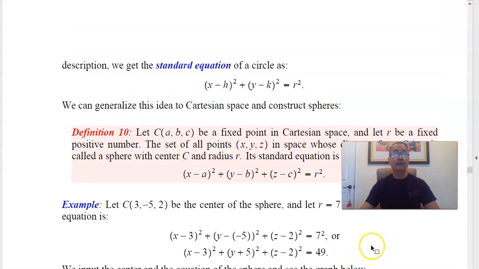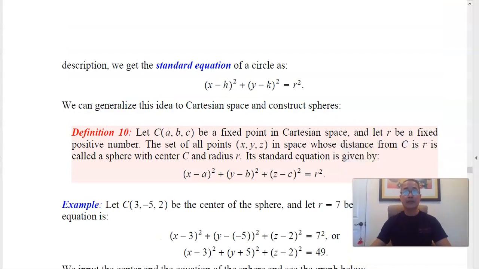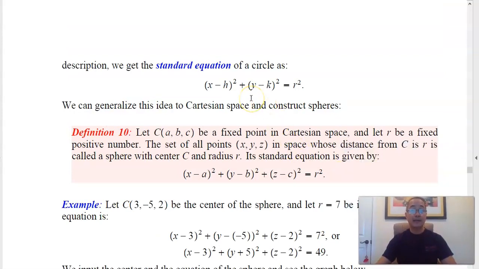So let me scroll down over here. And this is how we usually write the standard equation for a circle. (x minus h) squared plus (y minus k) squared is r squared, because the distance formula has an ugly square root. So if that square root is equal to r, then square both sides. You'll get r squared, and you get rid of the square root.